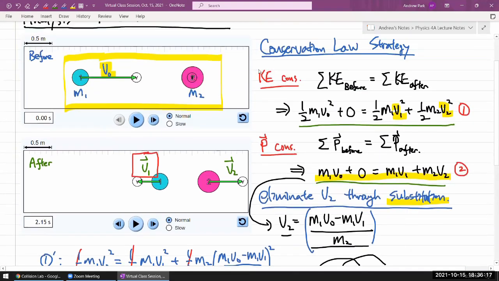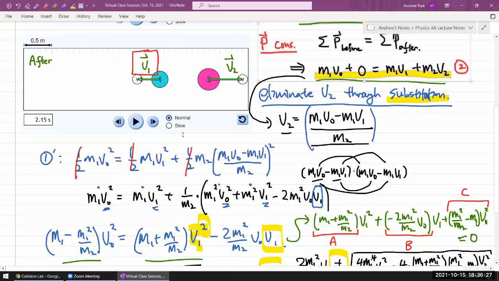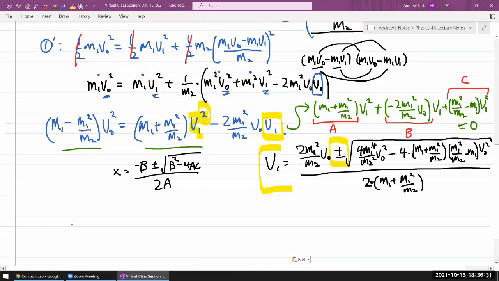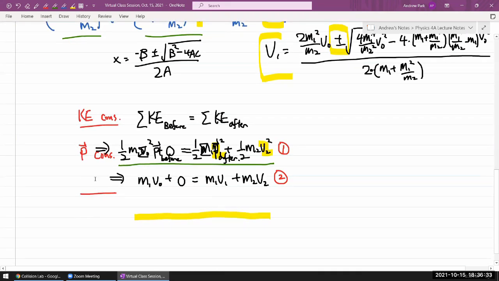I'm just going to go all the way back to the beginning and just change my mind. Instead of eliminating V2, even though I want V1 in the end, let's just eliminate V1 first. Maybe that'll result in a more manageable expression. I don't know if that'll be the case, but I gotta try it out.